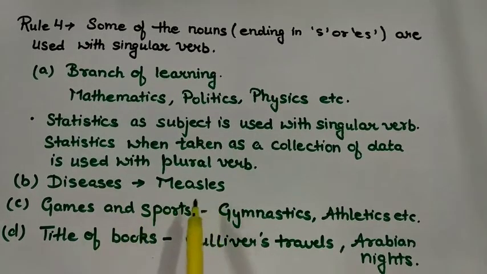We are using a singular verb in the following sentence: measles is a very dangerous disease. We can also apply the same rule on games and sports like gymnastics, athletics, etc. Some of the books, like titles of books, are also applicable here, like Gulliver's Travels and Arabian Nights. There can be many more examples like this.